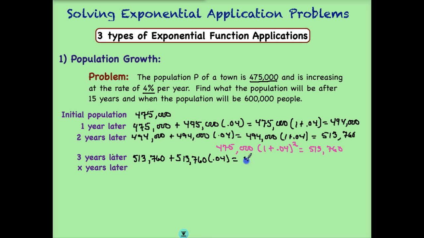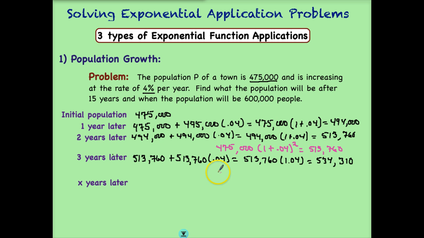In other words, 513,760 times 1.04. I'll add the 1 and the 0.04 together. And if we put that in our calculator, 534,310. Again, very cumbersome.